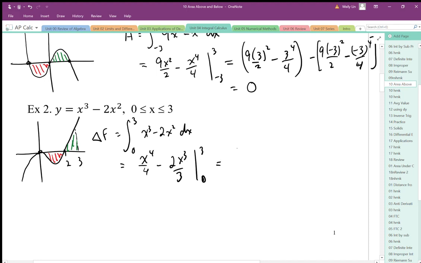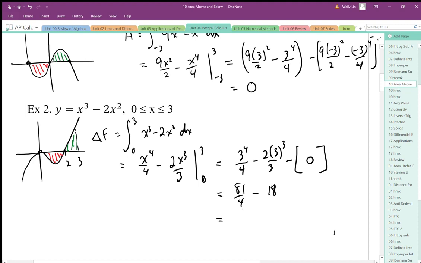Plugging in, I end up with 3 to the power 4 over 4 minus 2 times 3 to the power 3 over 3 minus, and that's just all going to end up being 0 when I plug in 0. So I end up with 81 over 4 minus, the 3's are going to cancel out, so 9 times 2 is 18.